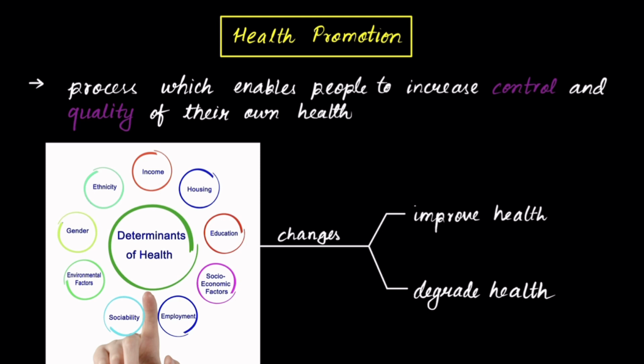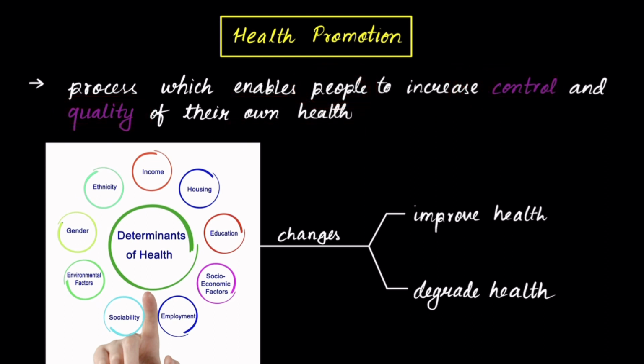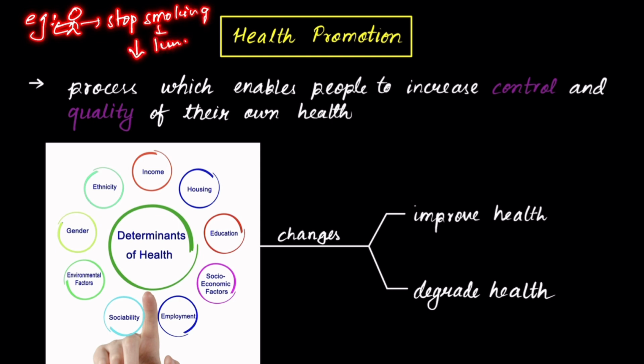By definition, health promotion refers to the process which enables people to increase control and quality of their own health. What does this mean? Let's say, for example, there's a man who used to smoke before, but now he has stopped smoking. Once he stops smoking, this decreases the probability of him getting lung cancer, and this in turn increases his health status.